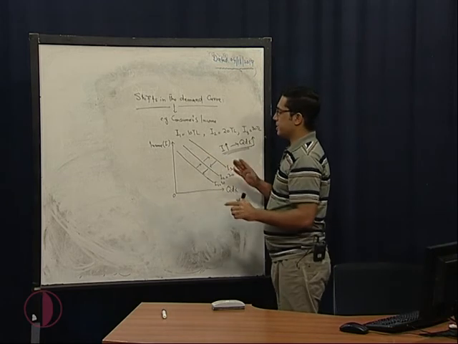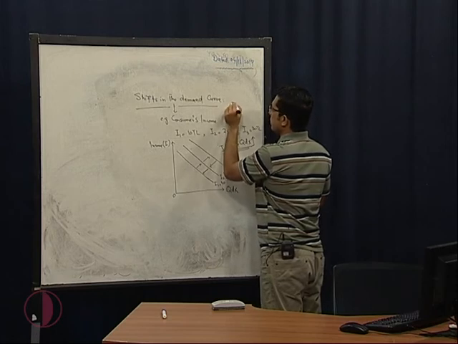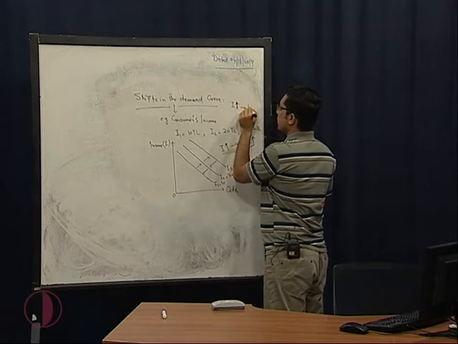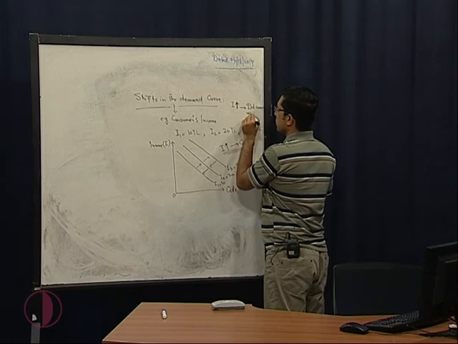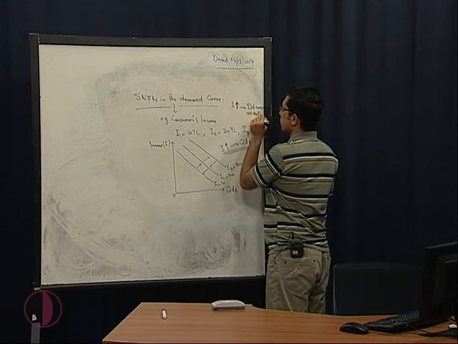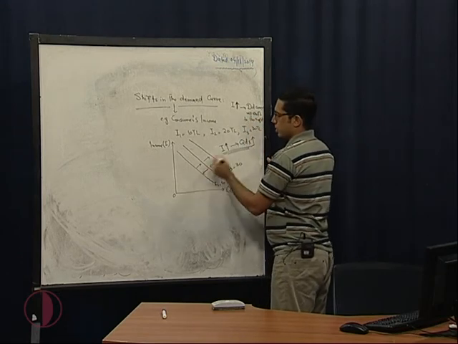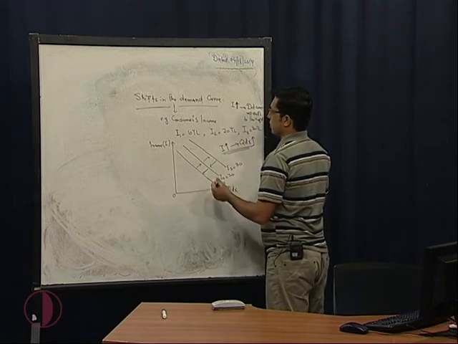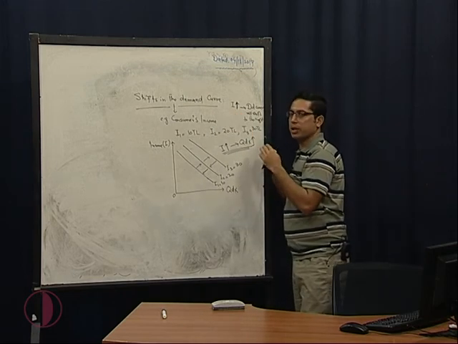So it means that if income increases, the demand curve will shift to the right and vice versa. If income decreases, the demand curve will shift to the left.